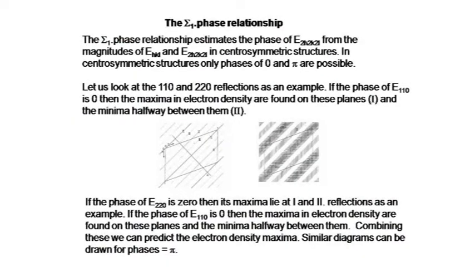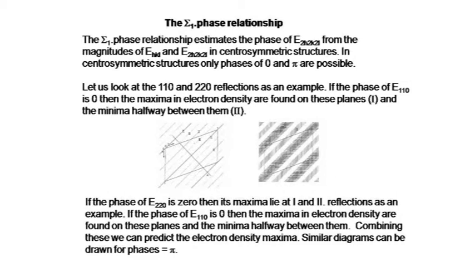You then try and set up some phase relationships. There are lots of different ones, but I'll only talk to you about one of the simplest ones. This is the epsilon 1 phase relationship. It looks at the relationship of a structure factor with 2H, 2K, 2L.